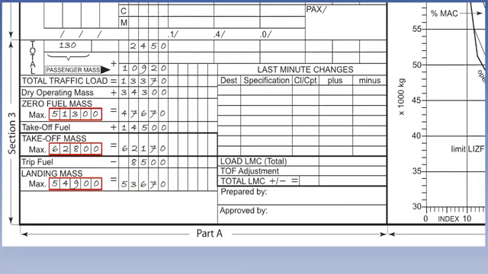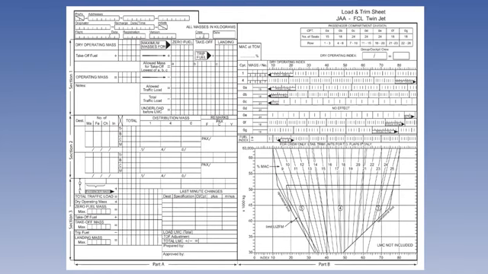Check that the maximum values in the 3 boxes for zero fuel, takeoff and landing mass have not been exceeded. We have completed all of the requirements of the load sheet and established the underload, the zero fuel mass, the takeoff mass and the landing mass, and check that limitations have not been exceeded.